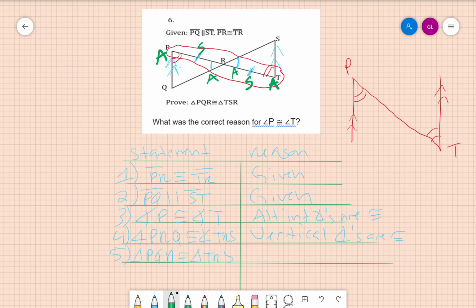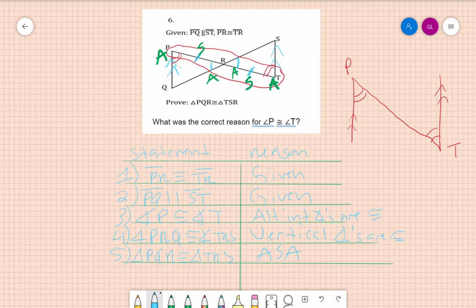So we have ASA to prove this triangle proof. As you are drawing these angles, highlight them the way I'm doing here, so you can see exactly on each individual triangle what parts are congruent, and exactly which parts you want to use. So this one's congruent by ASA.